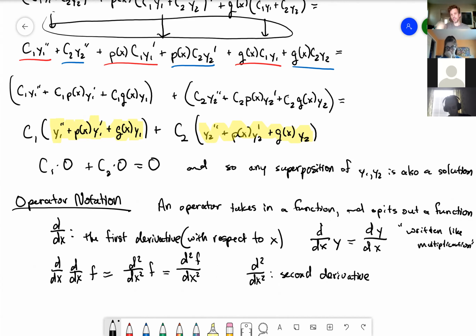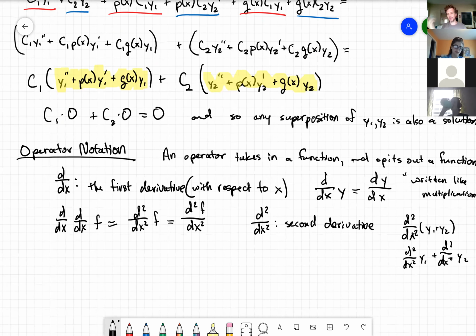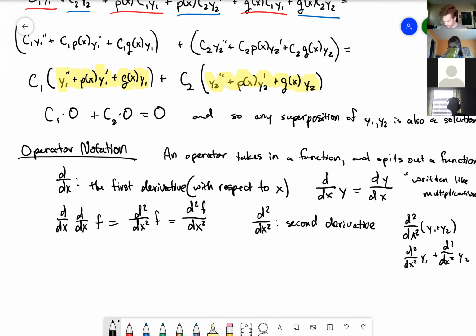These two operators have this special property called linearity, which allows us to distribute them across addition. So when we apply the second derivative operator to y1 plus y2, this is just the second derivative operator applied to y1 plus the second derivative operator applied to y2. And also we could move the constant up front. So this is a nice property of operators.